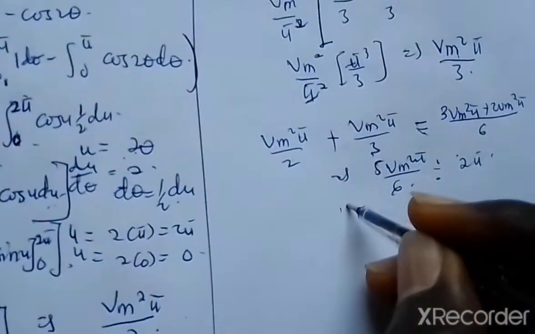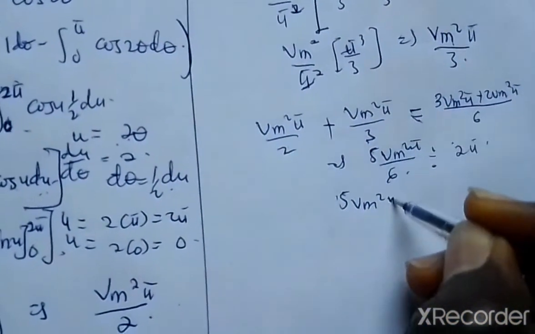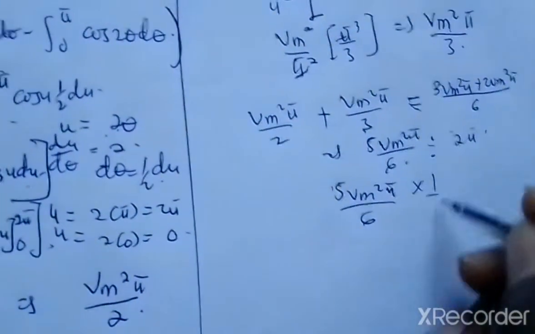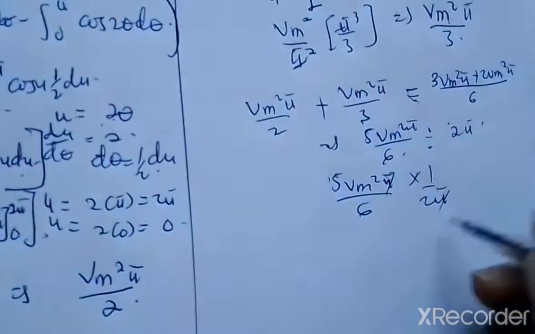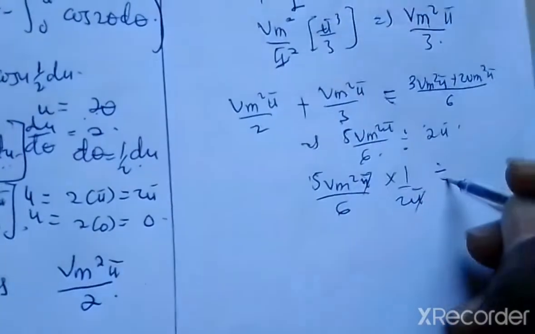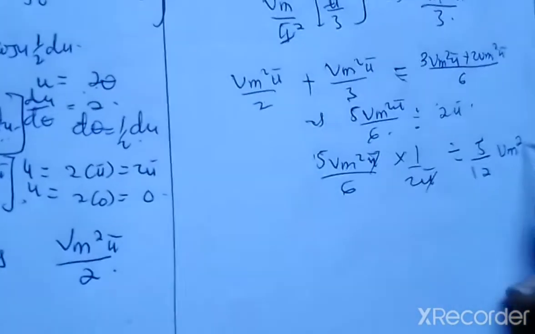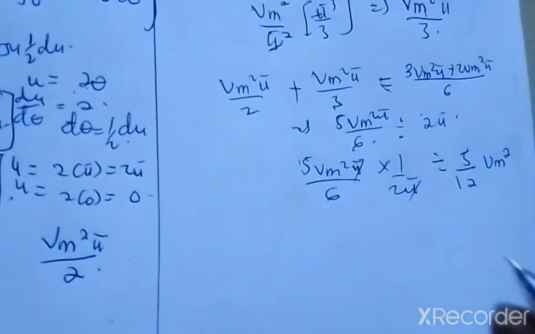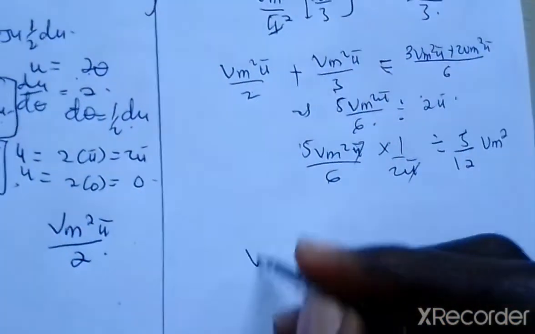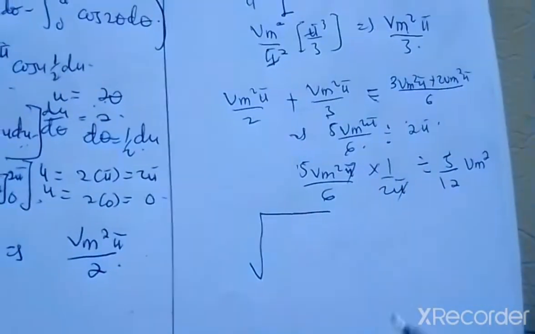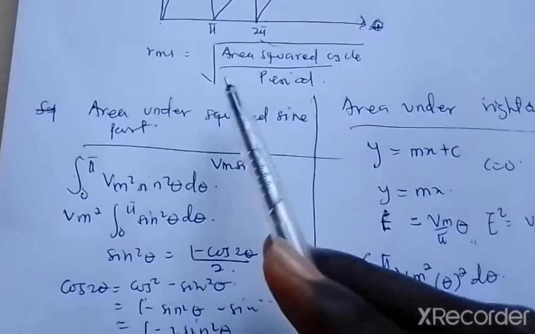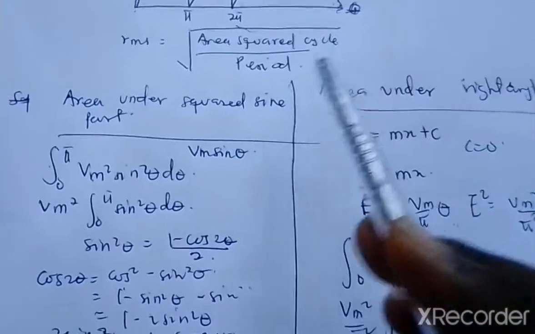So it becomes 5Vm squared pi on 6 times 1 over 2 pi, where this pi will cancel this pi, and I finally get 5 on 12 Vm squared. So once I get this, I'll just take the square root of my resulting solution, since the initial formula is the square root of the area of square cycle over period.